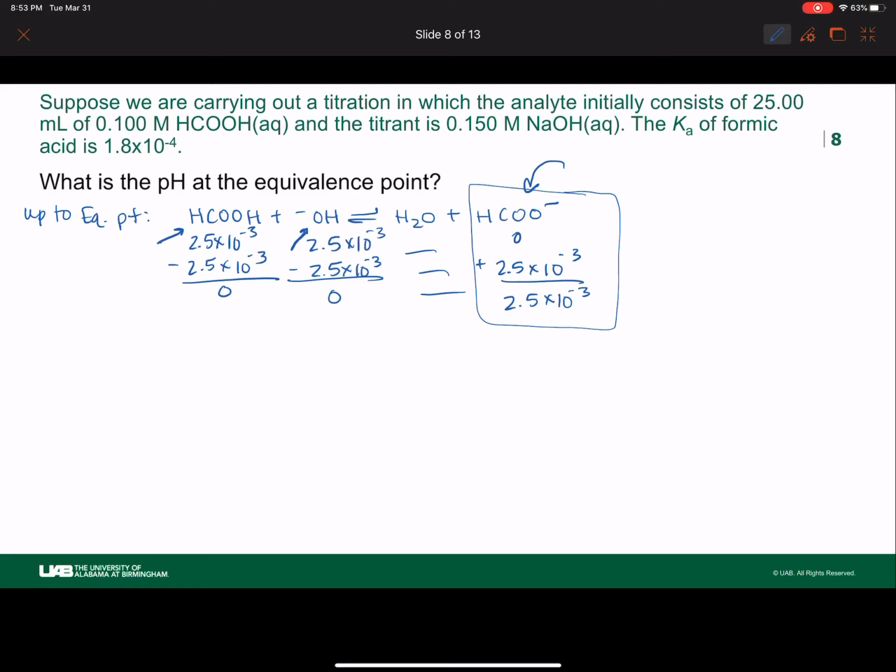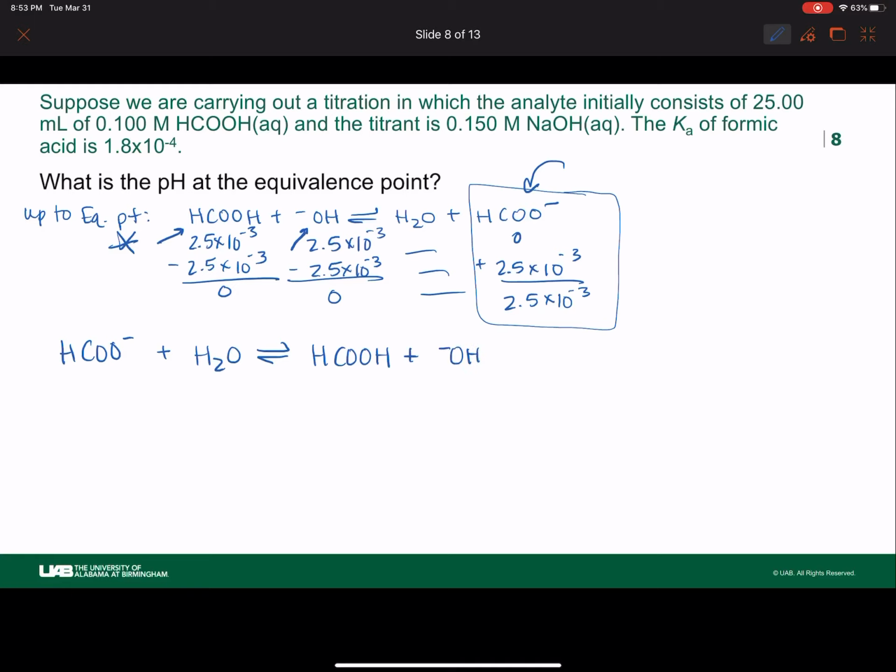And so we need to switch our focus from the equilibrium with the weak acid to the equilibrium that's formed between this conjugate base and the water molecules that were either already present or formed from this first equilibrium that we drew.